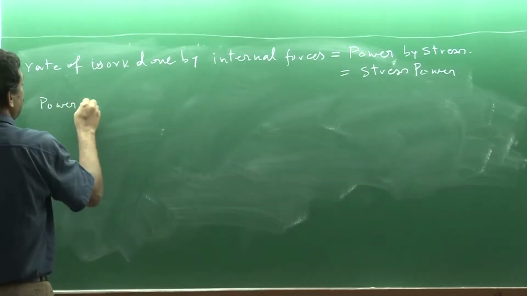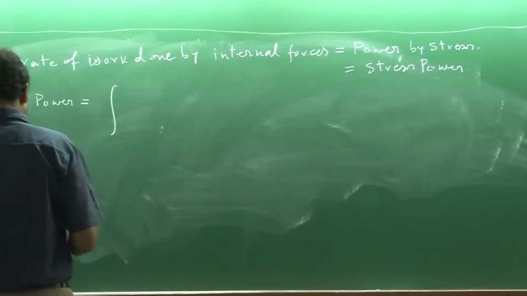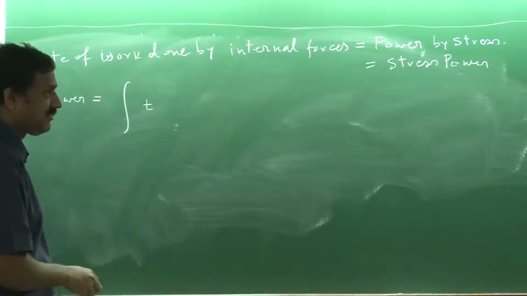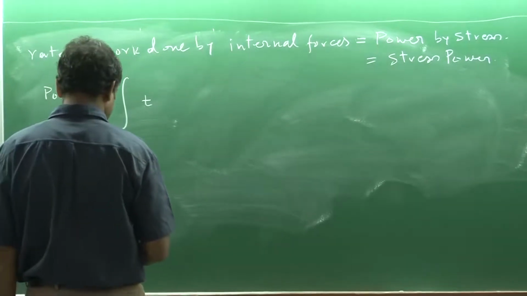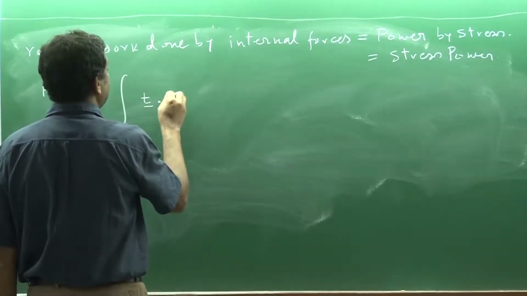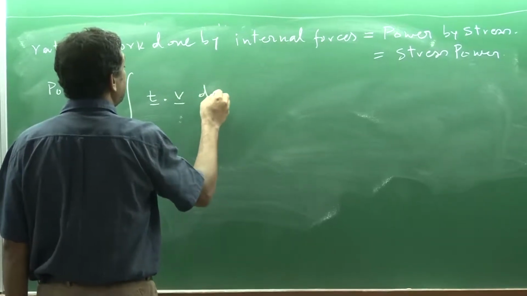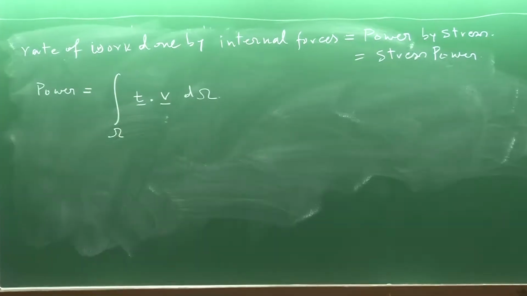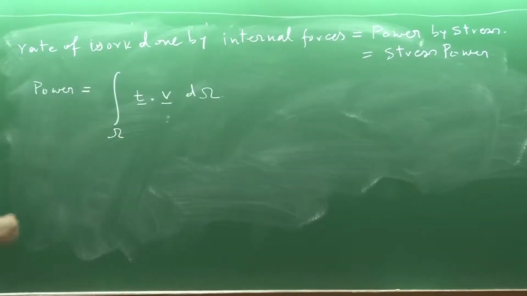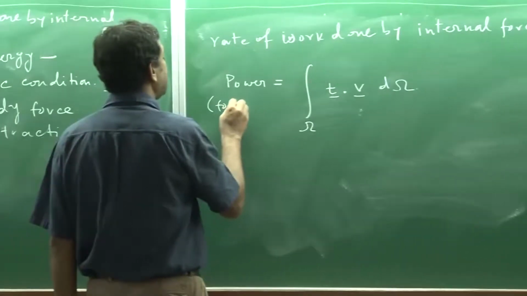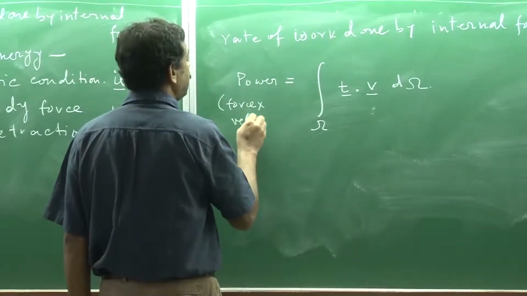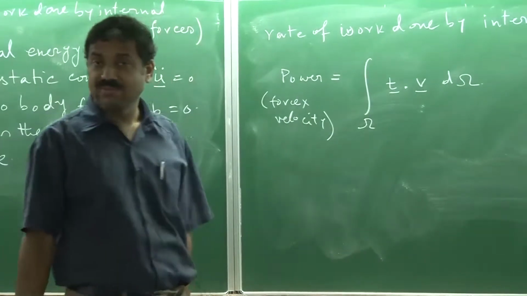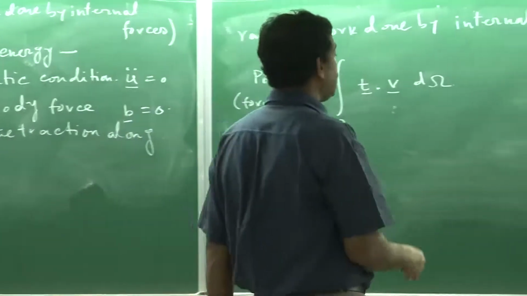Power will be the integral of T dot v, a scalar quantity. If you recall from school level physics, power was force into velocity. Power is a scalar measure, so you have to take the dot product.